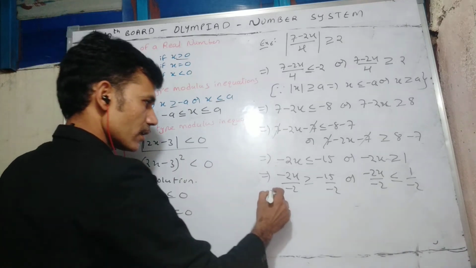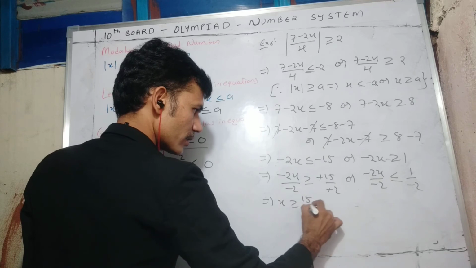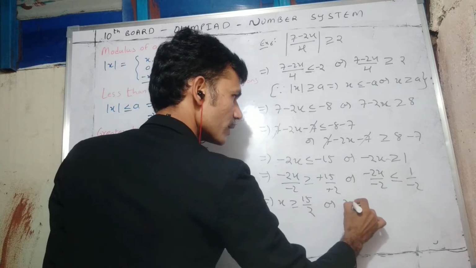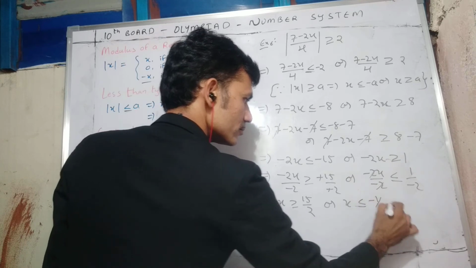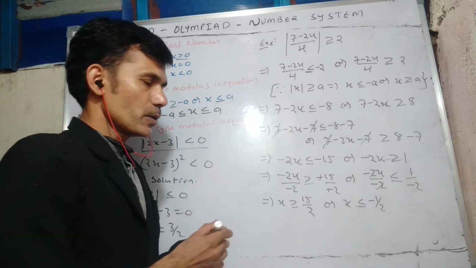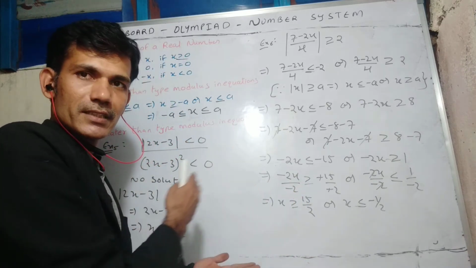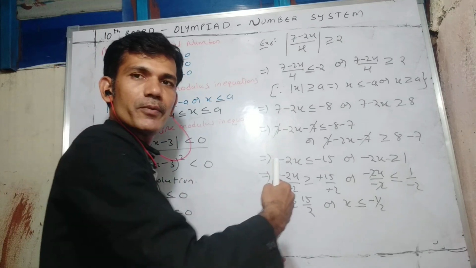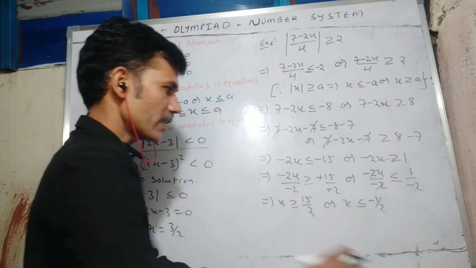Okay. Now see, x values are greater than or equal to 15 upon 2, or x values are less than or equal to -1 upon 2, minus half. That means you can take values less than minus half, and you can take values greater than 15/2. How can we write it in interval form?